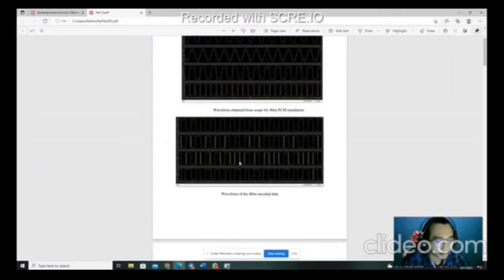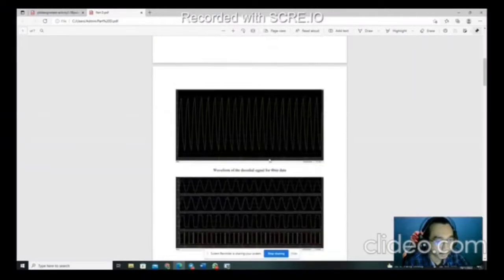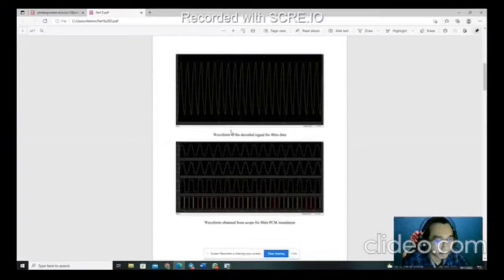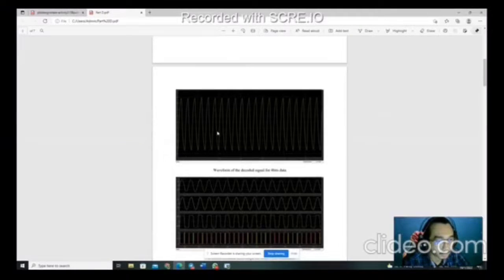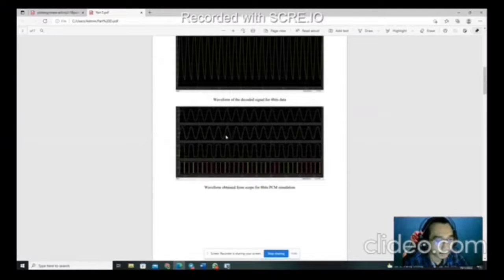This is the waveform of the 4-bit encoded data, and this one is the waveform of the decoded signal for the 4-bit data. This one is the waveform obtained from the scope for the 8-bit PCM simulation. So this one we use 4-bit, and this one we use 8-bit.